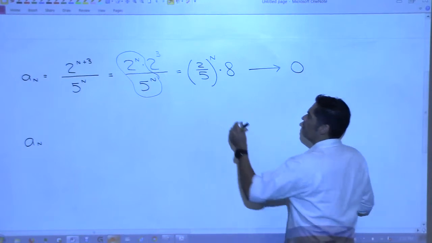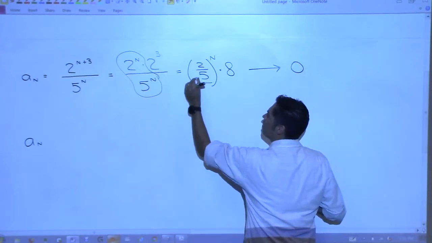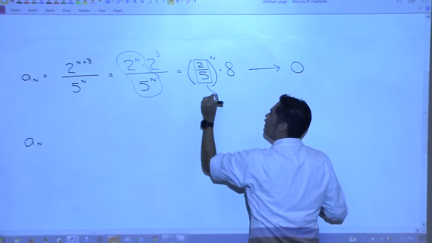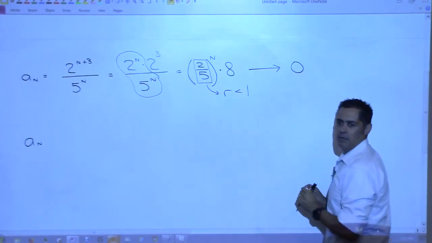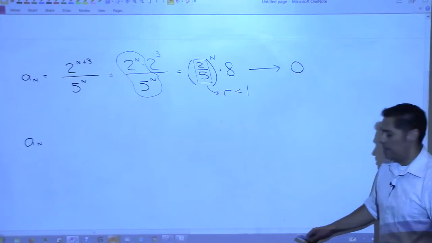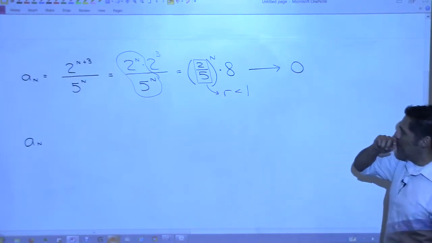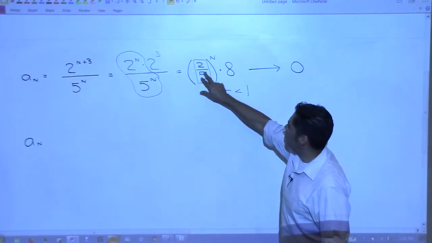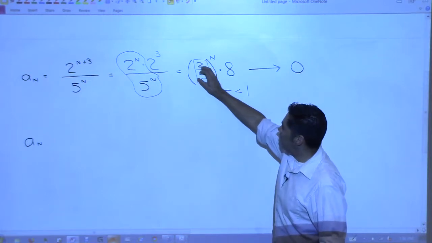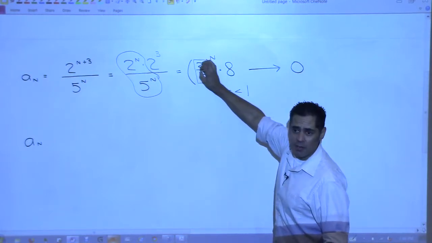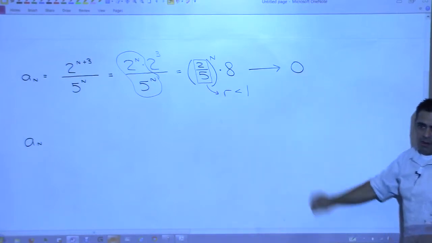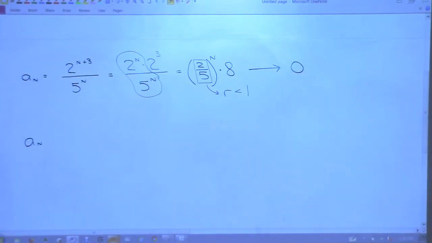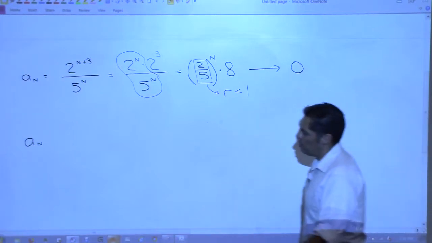It only goes to 0 because this right here is my r, and that r is less than 1. I'm using the theorem. And if the absolute value of that is less than 1, then that goes to 0. And that's just 8, and 8 times 0 is still 0, right? All right, what about this one?